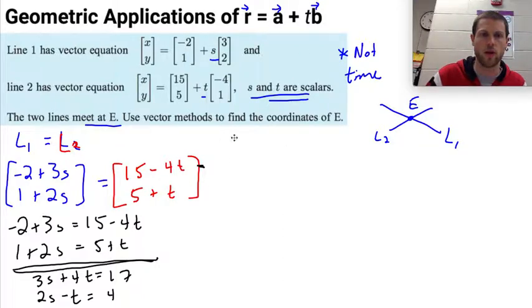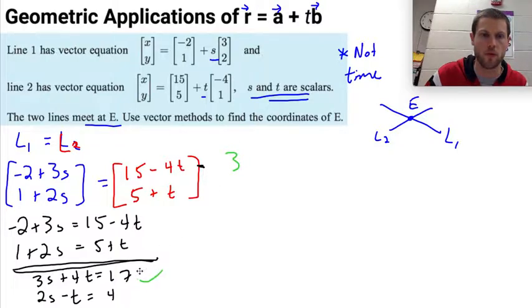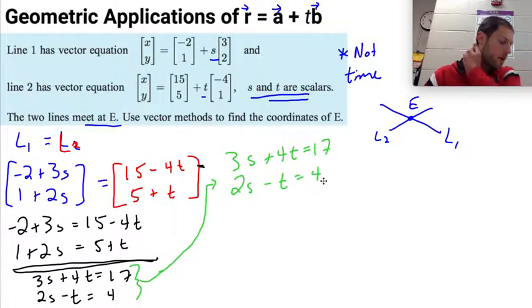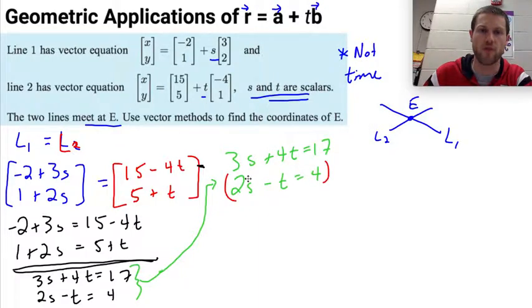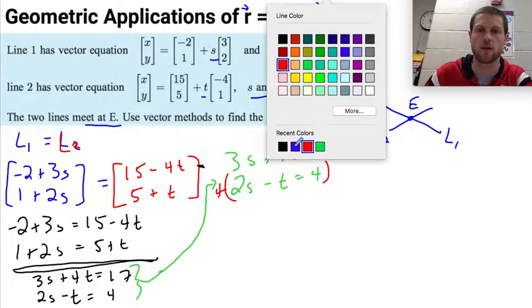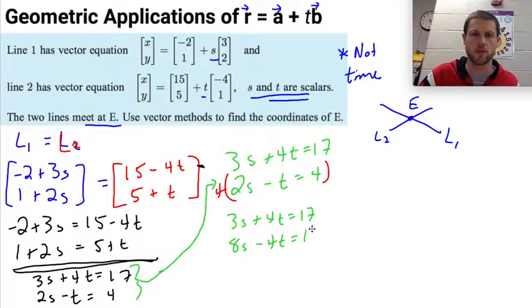So let me rewrite those over here: 3s plus 4t equals 17, and 2s minus t equals 4. I'm going to solve this system using elimination. So I'm going to multiply the bottom equation by 4. I will get 3s plus 4t equals 17, and on the bottom I'll have 8s minus 4t equals 16.